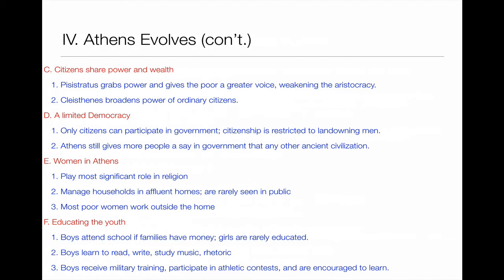All right, so a couple of these tyrants who do well are Pisistratus and Cleisthenes.